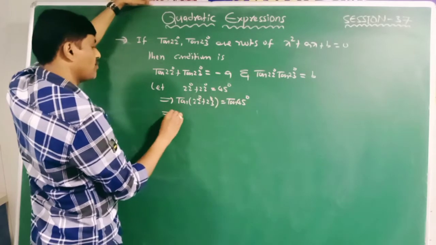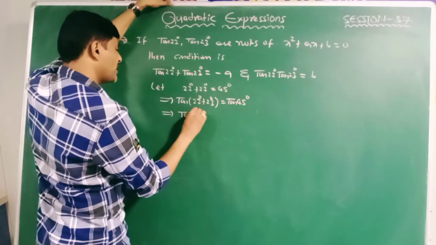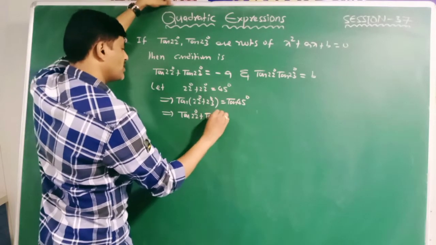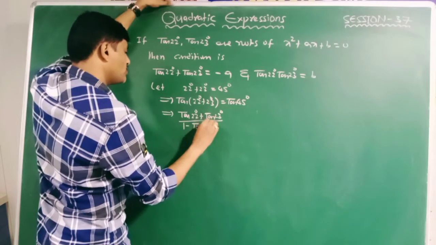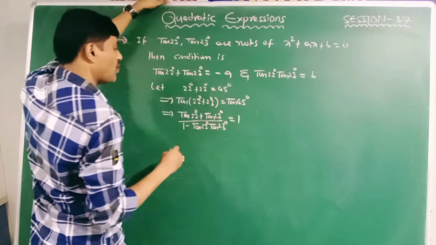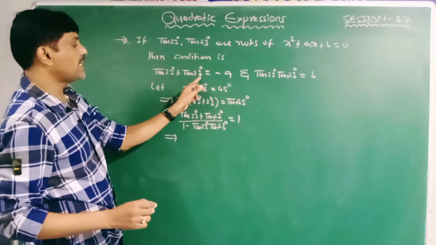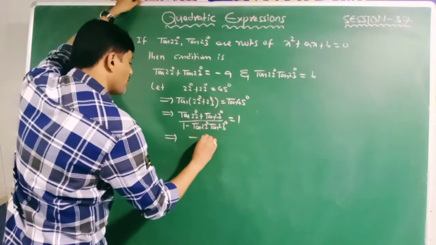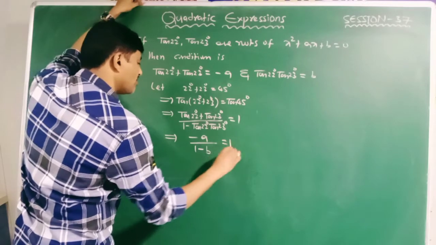Now it is in the form of tan of a plus b, which is tan 22 plus tan 23 degrees by 1 minus tan 22 into tan 23, equal to 1. Yes, we have the sum of the roots, tan 22 plus tan 23, as minus a, by 1 minus this value, which is b, is equal to 1.